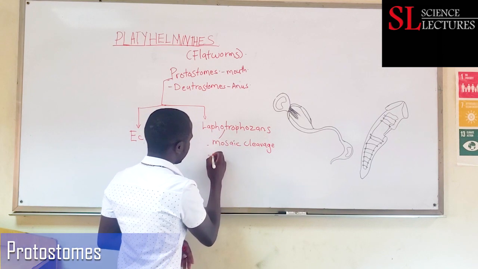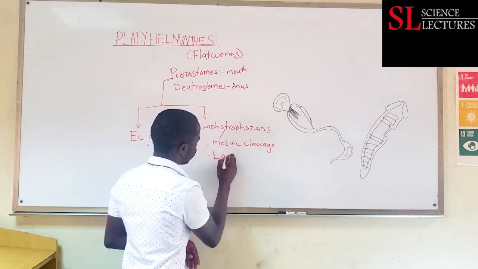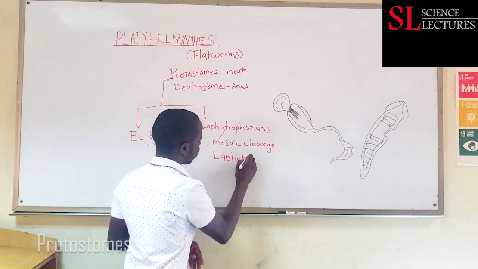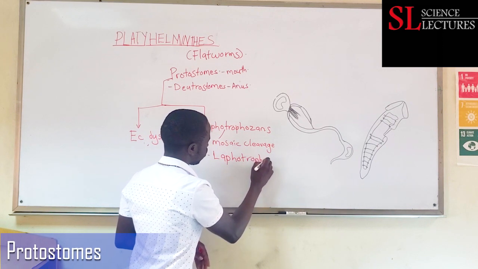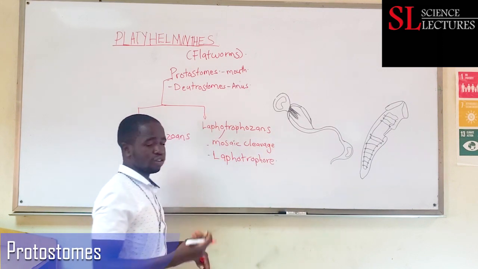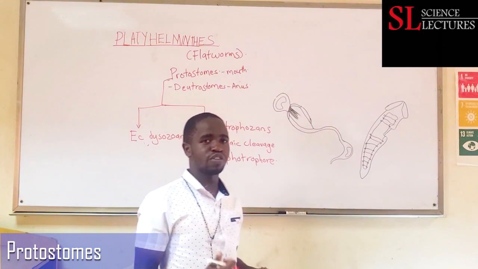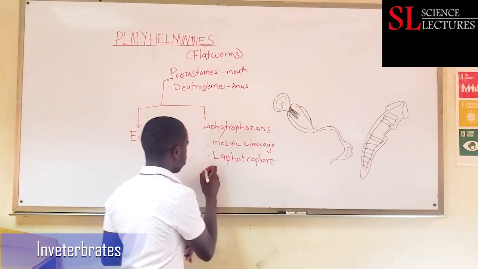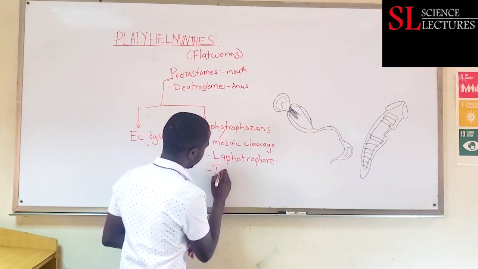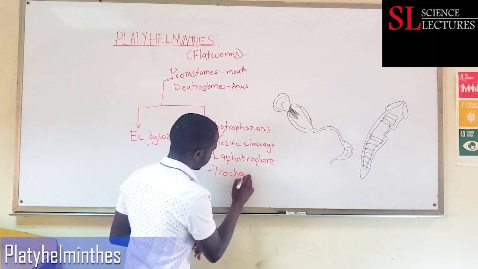Then they have what we call a lophophore, which is a horseshoe-shaped feeding structure, or they have what we call trochophore larvae.